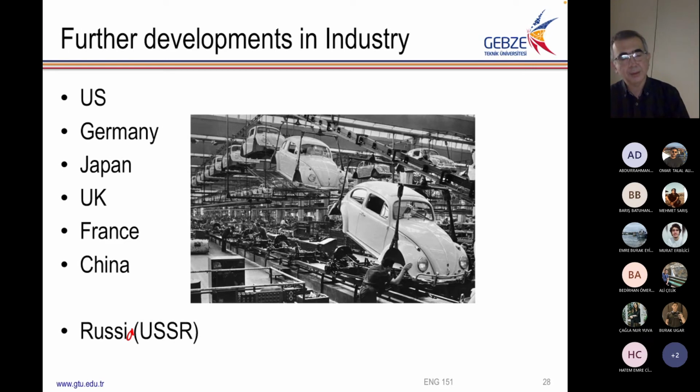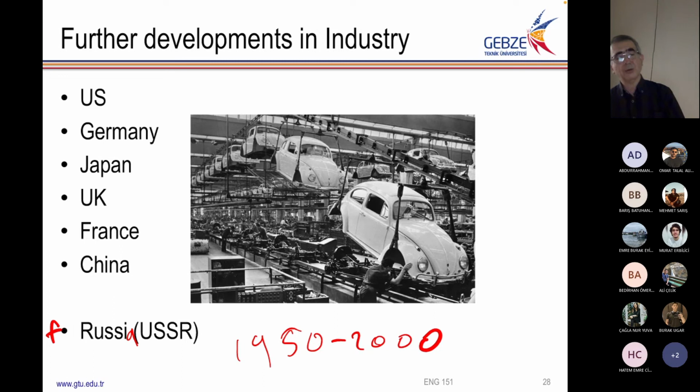Further developments happened in the Third Industrial Revolution, between 1950 and 2000, in the United States, Germany, Japan, United Kingdom, France, and China, plus Russia. After the Soviet Revolution, Russia also made scientific and technological research and supported research.